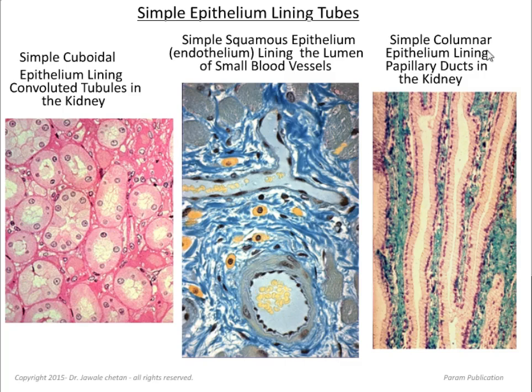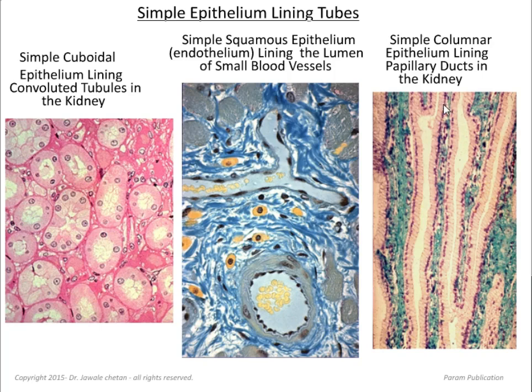Here, simple columnar epithelium lining the papillary duct in the kidney. This papillary duct functions to absorb some electrolytes while forming the urine. So in LS section, longitudinal section, if you cut that duct, you will see the single duct cut into the longitudinal section. We covered that different sectioning slide earlier.